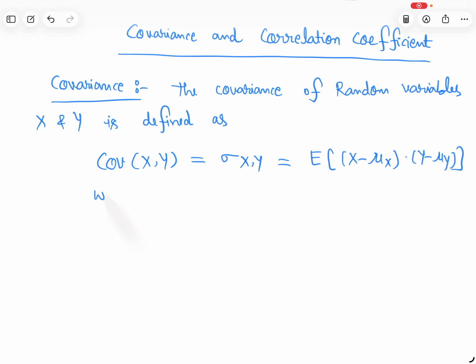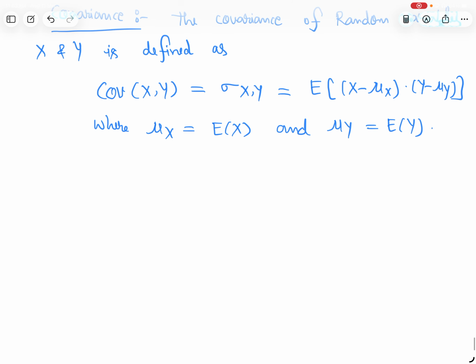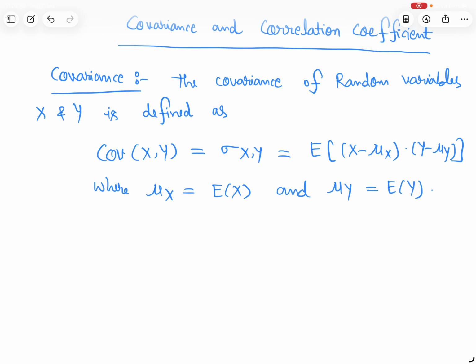where mu x is expectation of x and mu y is expectation of y. Please note it. Covariance is defined this way, where mu x is Ex and mu y is Ey.